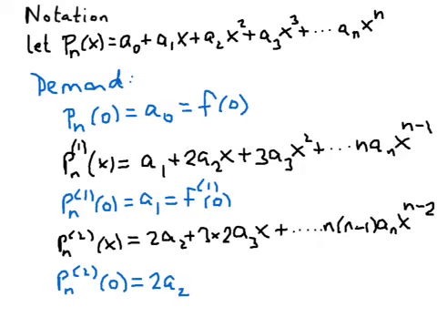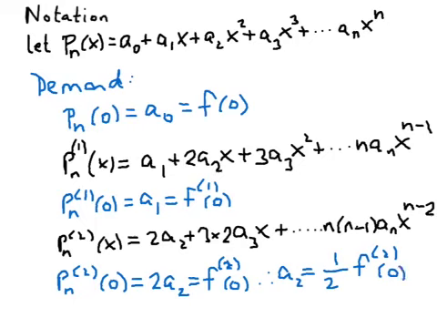And this we want to equate to the second derivative of our function evaluated at 0, so that means that a2 is equal to 1 over 2, and then it's the second derivative evaluated at 0. And I'm going to write here 1 over 2 factorial, because that is going to be helpful for the pattern we have later on.